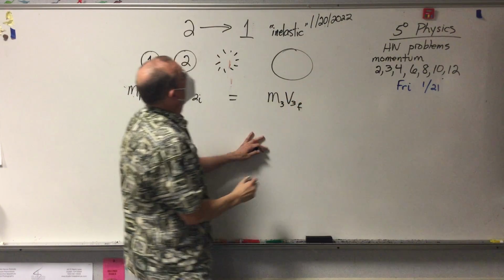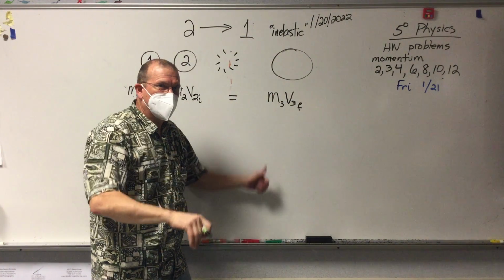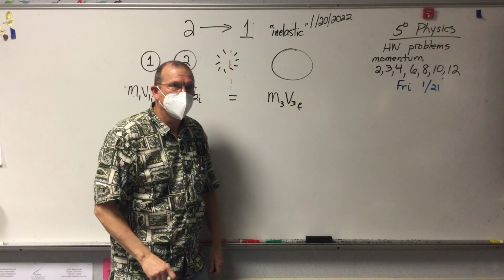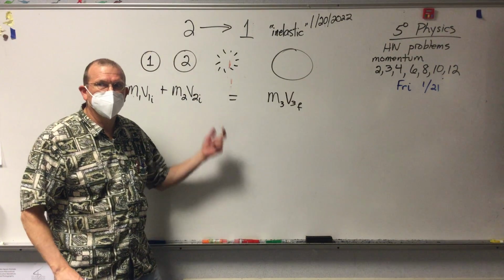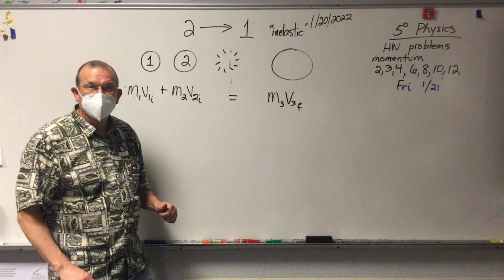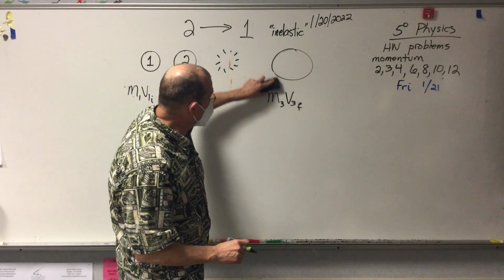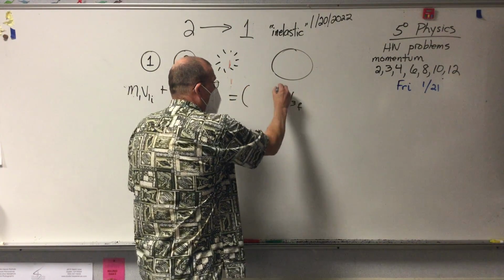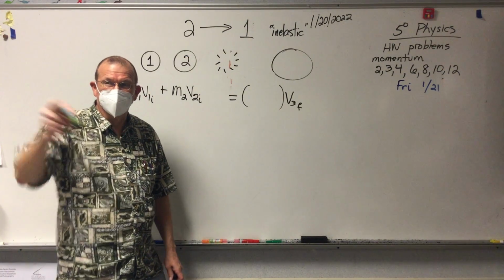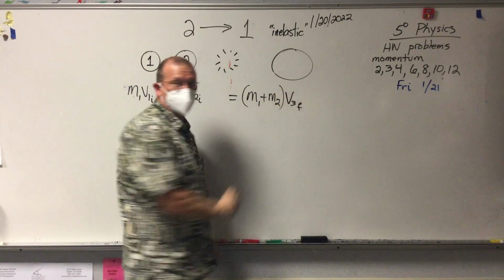Okay. Now, we got time for this. Hold up. What's special about this M3 compared to what's over here? It adds up. Okay, so instead of M3, what could we put there in parentheses? Michael? M1 plus M2. Perfect.